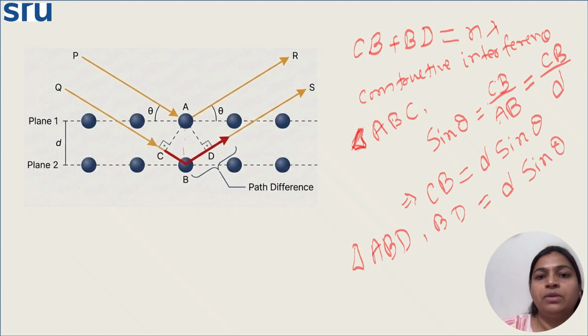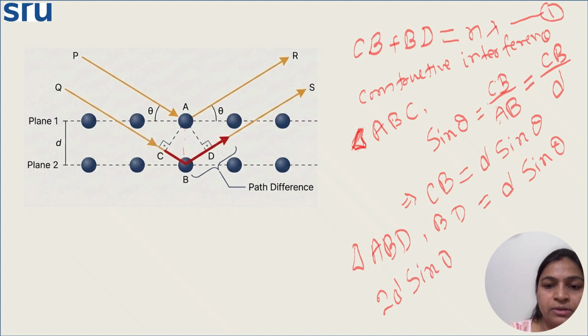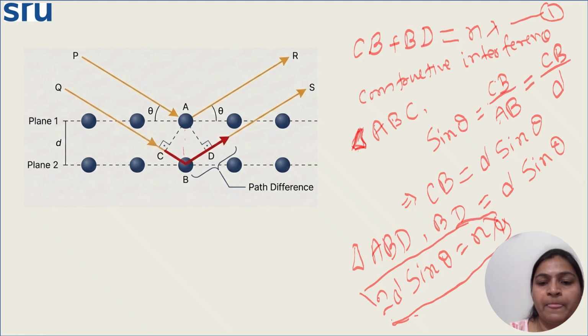Earlier we wrote CB plus BD equals n lambda; let's say this is equation 1. If we put the values of CB plus BD in equation 1, we easily get 2d sine theta is equal to n lambda.